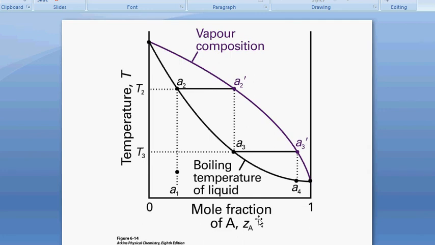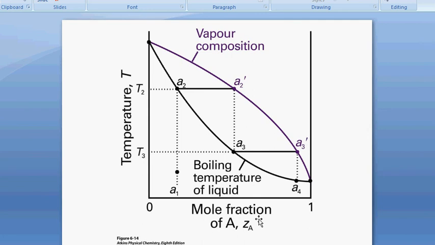That vapor would correspond, at this temperature, to A3 prime. I don't change the temperature, okay? I come down to A3, the vapor then would correspond to A3 prime. Or if you're not very comfortable with that, come down all the way over here, go back up. Now it will correspond to A3 prime, right?